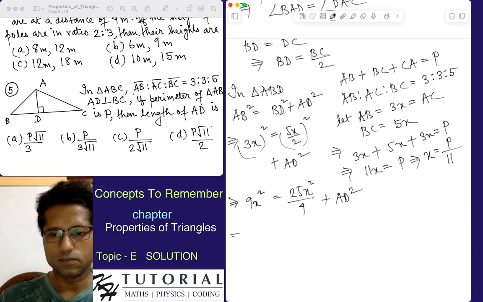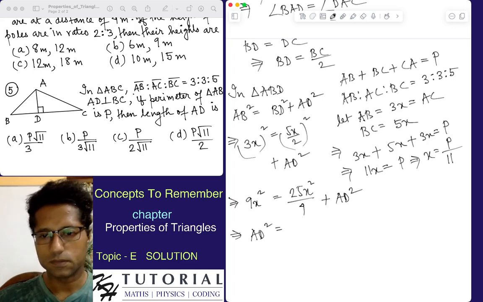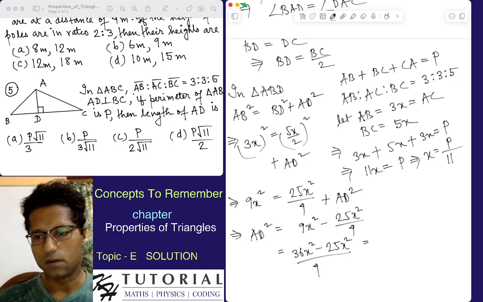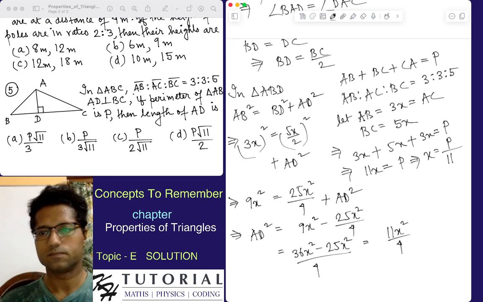This implies AD square is equal to 9x square minus 25x square by 4. This is equal to 36x square minus 25x square by 4. This is equal to 11x square by 4.